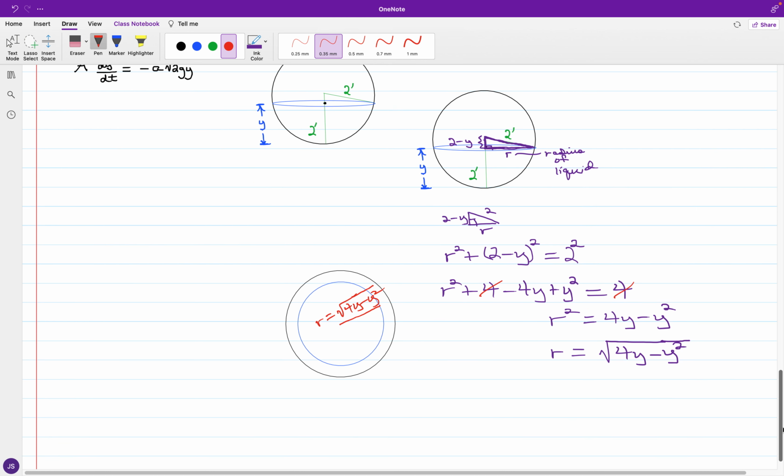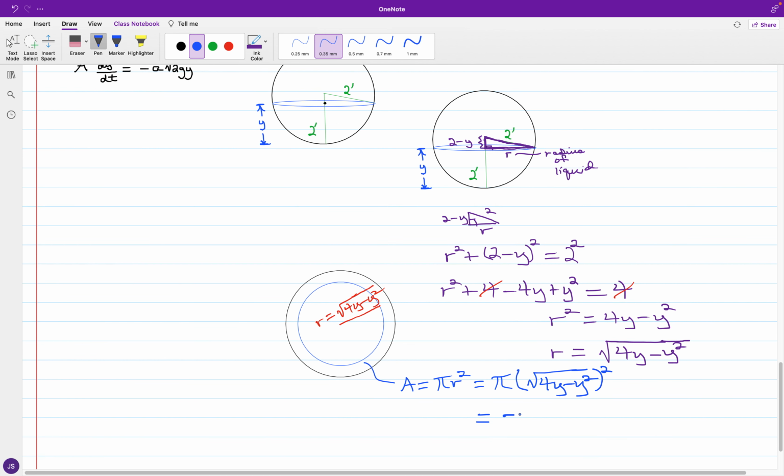And for the cross-sectional area of the liquid itself, again, we're looking at pi r squared. That's going to be equal to pi times the square of the square root of 4y minus y squared.